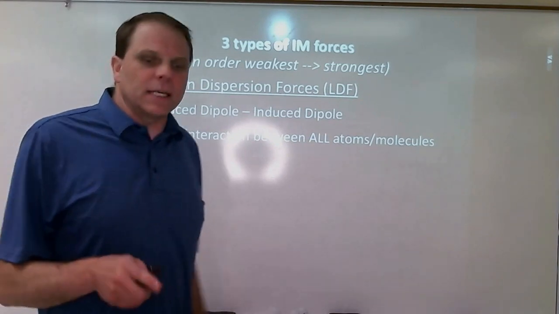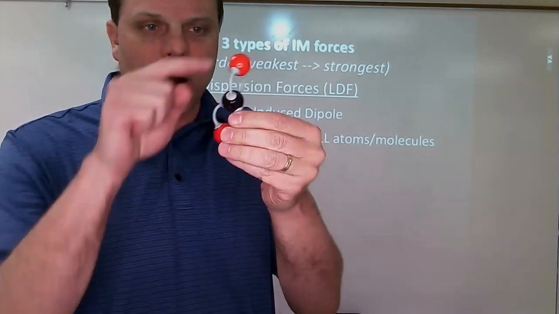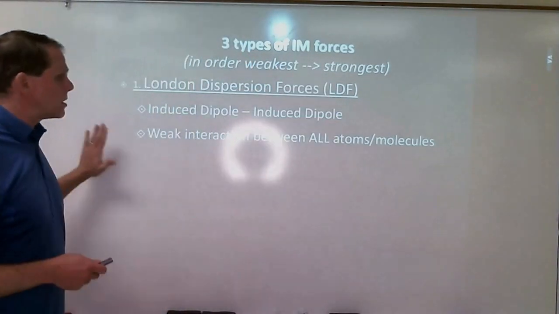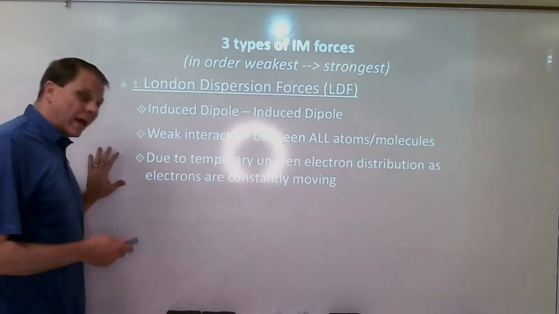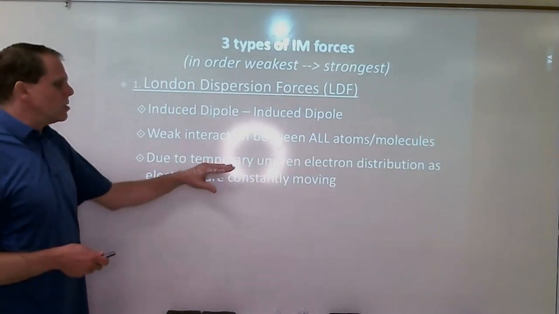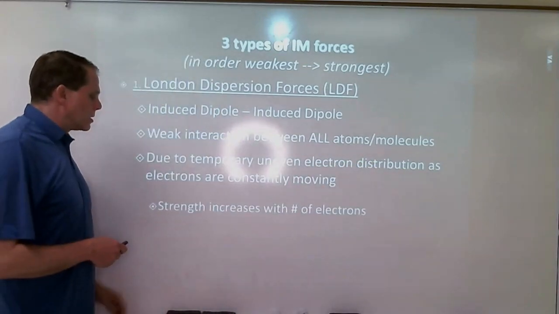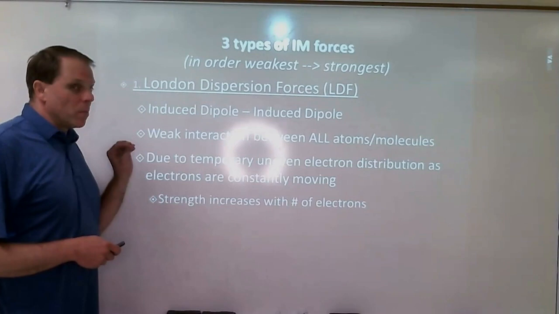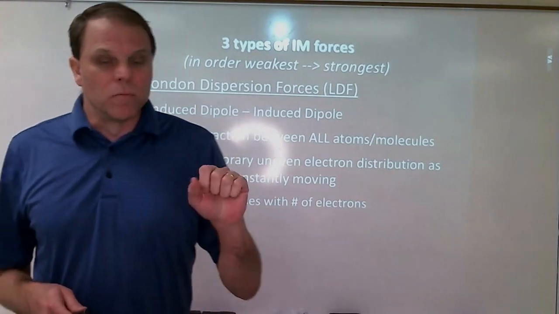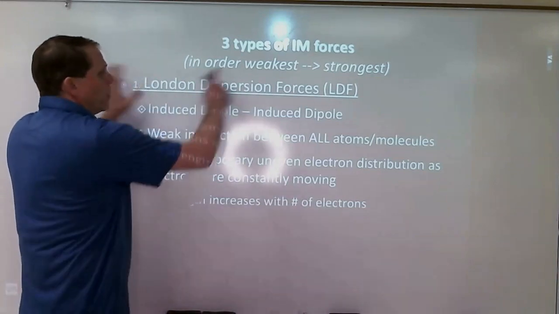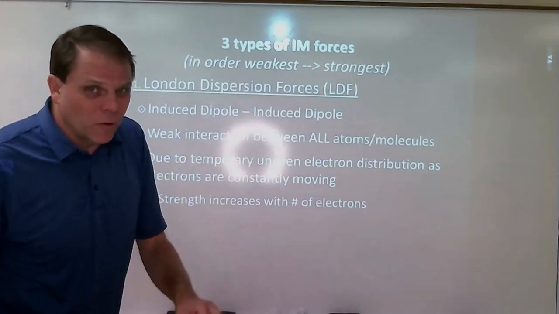And the reason it exists between all molecules is because electrons are always zipping around. This particular force has to do with electrons zipping around and moving around in random ways, okay? It's due to the temporary uneven electron distribution as the electrons continually move. And remember, the more electrons that you get, the more that intermolecular force becomes. So more electrons means bigger LDF, but it's still the weakest of the forces.